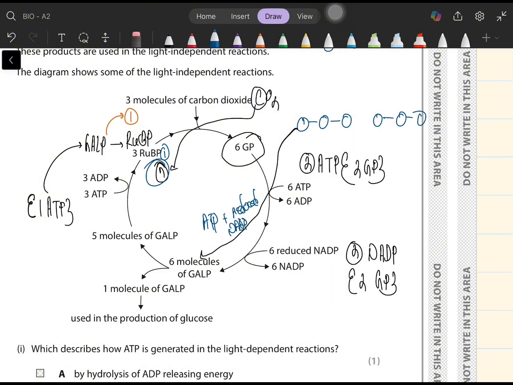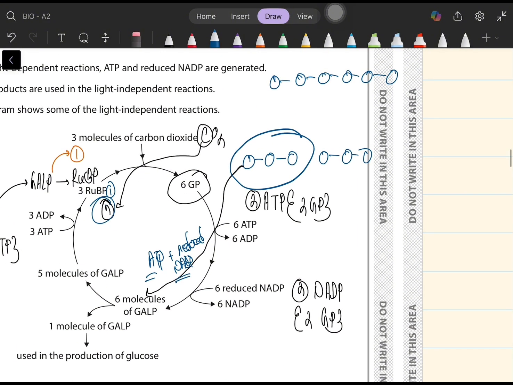One ATP and one reduced NADP are used to convert this GP into GALP, right? So as there are two GPs, we would basically need 2 ATP and 2 reduced NADP, right?